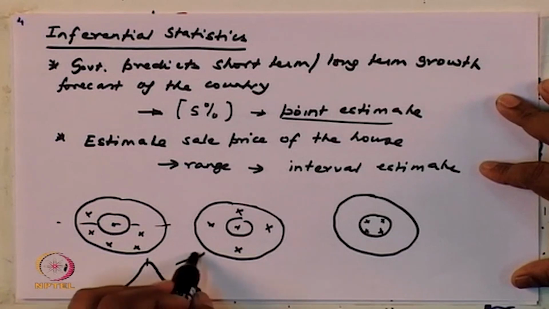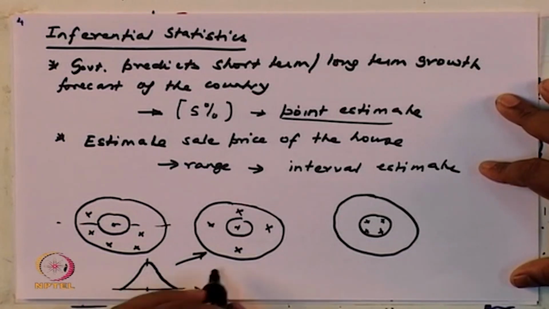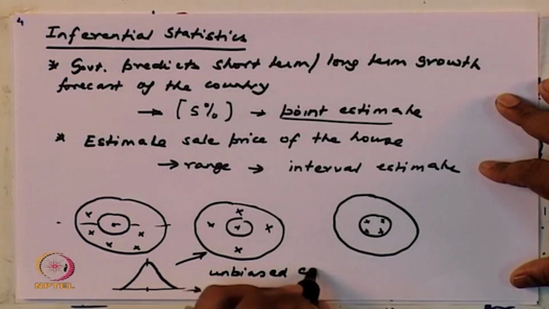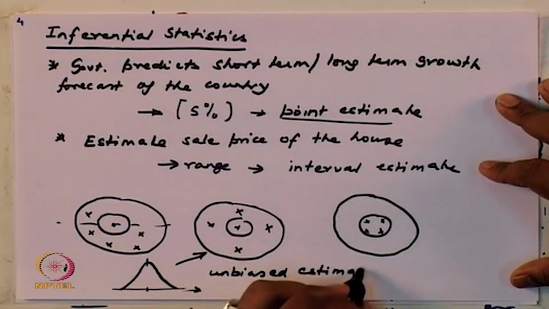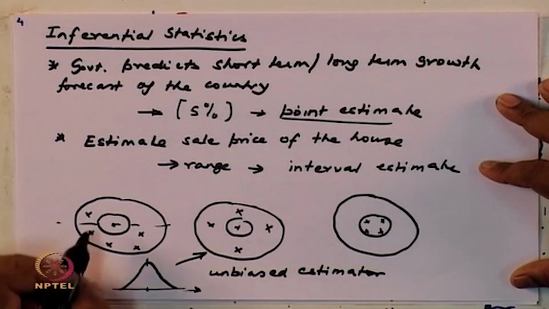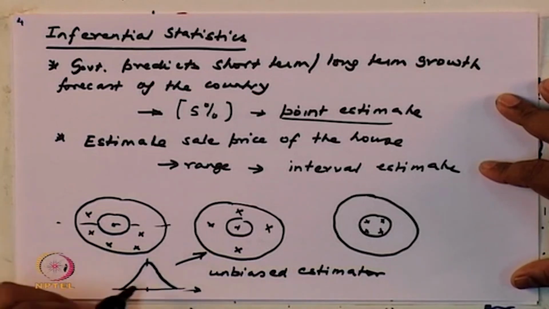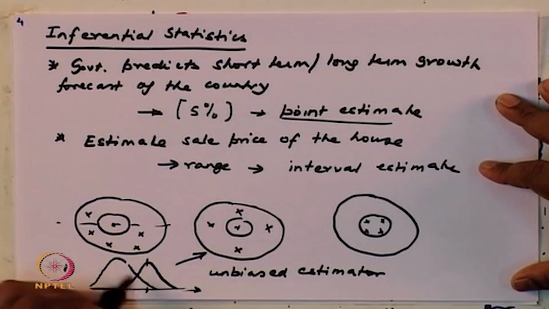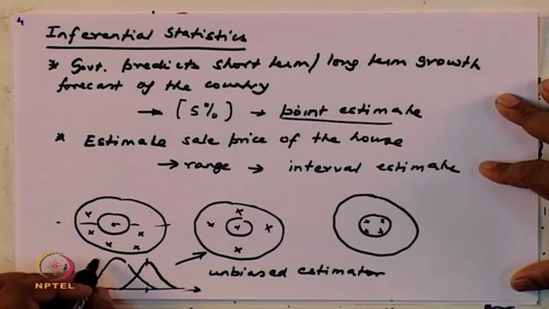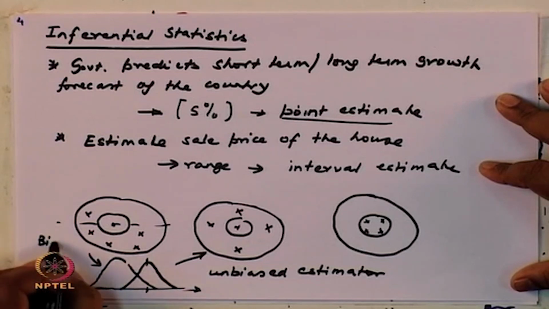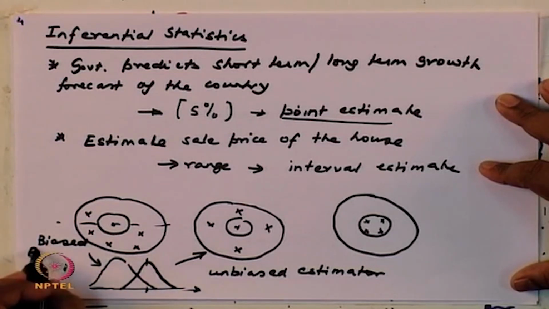So, this would be closer to this one, and this kind of estimator is an unbiased estimator. Versus in this case, the example we have drawn here, most of the times the values are underneath the true value. So, this is an example of a biased estimator.